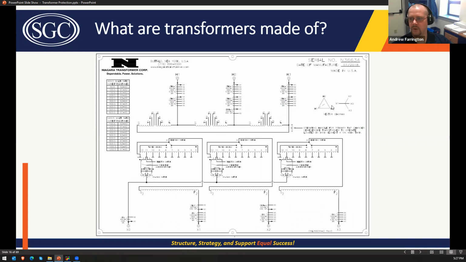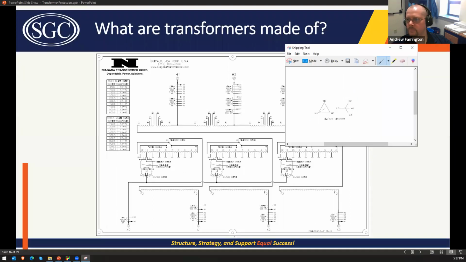So this is a DY1 transformer because the high side is a delta, the low side is a Y, and the Y, if you were going to extend this X1 voltage from over here, you would see that for a counterclockwise rotation, if your eye is over here looking this way and you rotated this counterclockwise, you would see H1 first, and then X1 would lag H1 by 30 degrees.